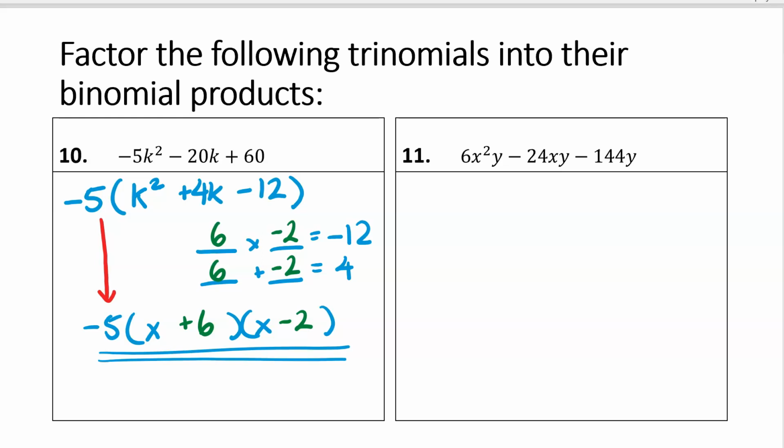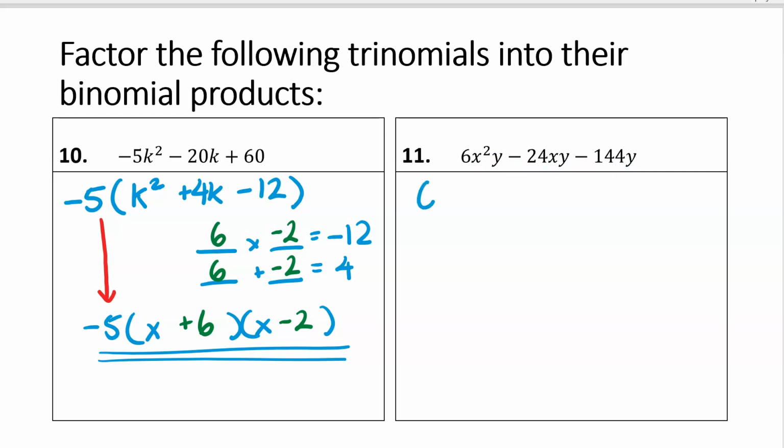Last one, example 11, 6x squared y minus 24xy minus 144y. First step, factor out the greatest common factor. Each of these numbers, 6, 24, 144, is divisible by 6, and each of them also has a y in there. So your greatest common factor would be 6y.